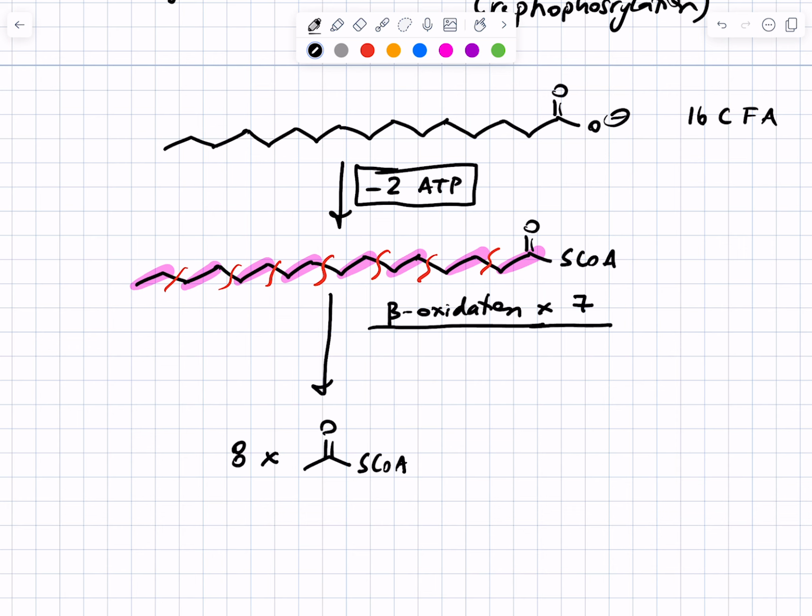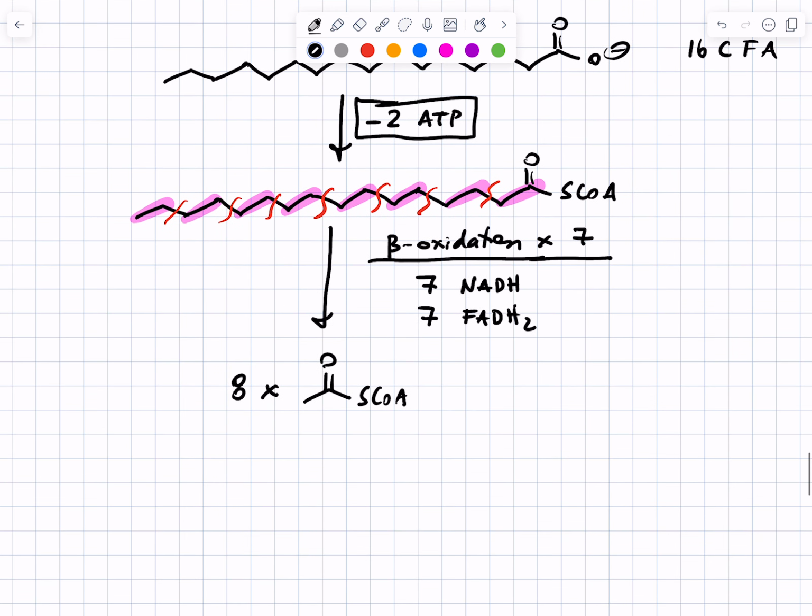And you could go back to your notes and see that each time through fatty acid beta oxidation, we get 1 molecule of NADH and 1 molecule of FADH2. And since we're doing that 7 times, that's what we gain from beta oxidation.